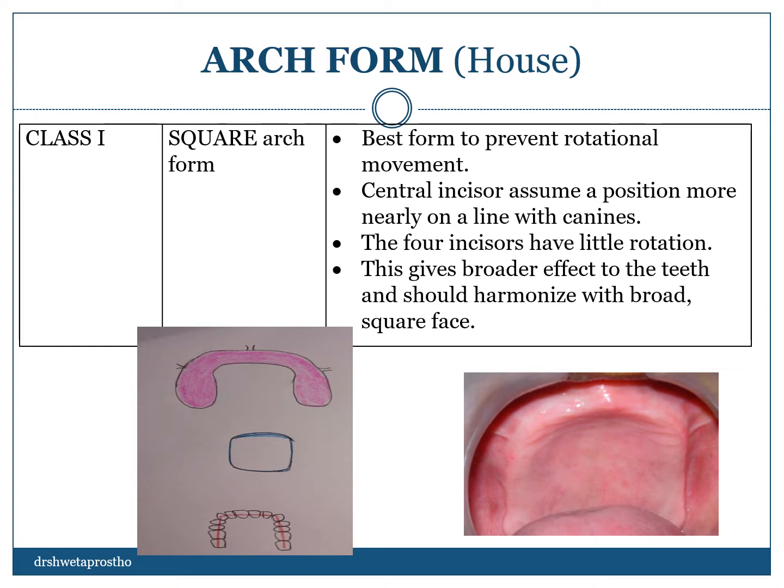The four incisors have little rotation, as we can see in the image. This gives a broader effect to the teeth and harmonizes with the square arch and also the face form in some cases. The clinical intraoral picture also shows the square arch form.